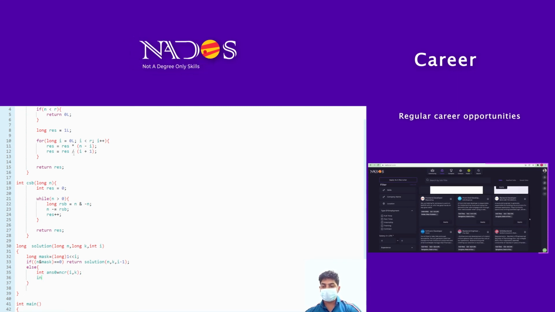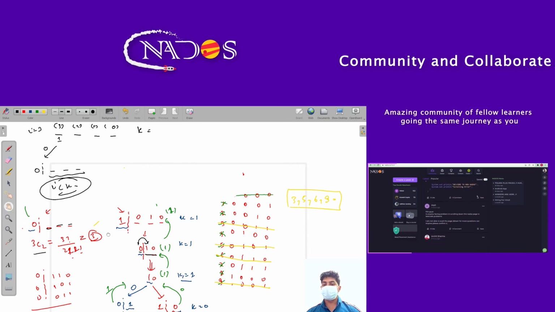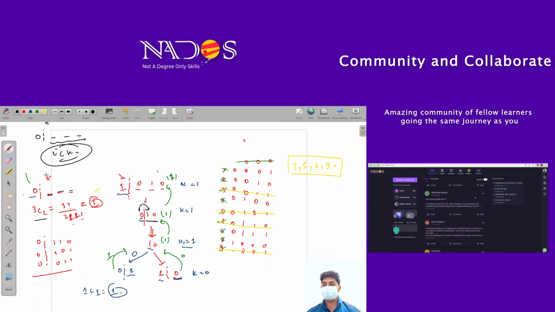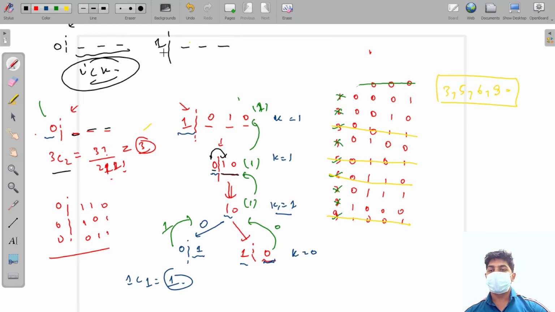Another way could be answer 1. If I choose to place a 1 bit over here, then I ask the remaining i minus 1 locations how many ways there are, meaning how many numbers can be generated. My answer will be the same, and since I have used a set bit, my set bit count reduces by 1.